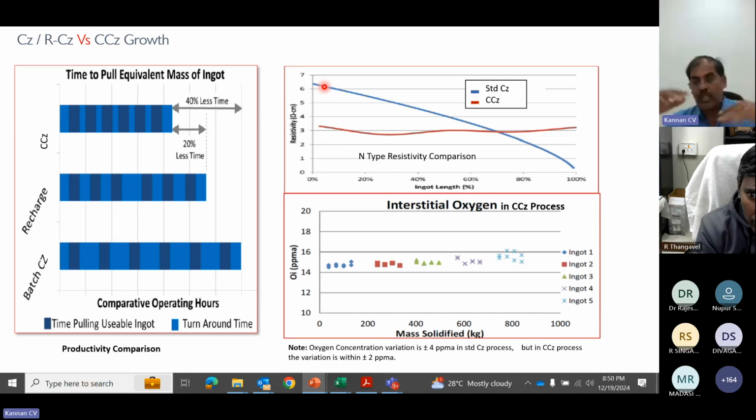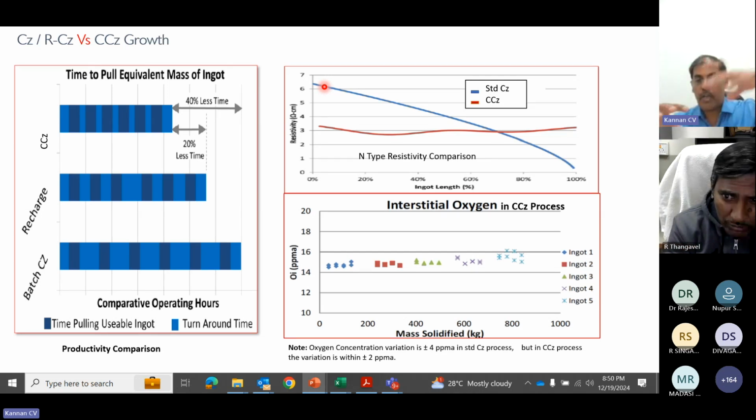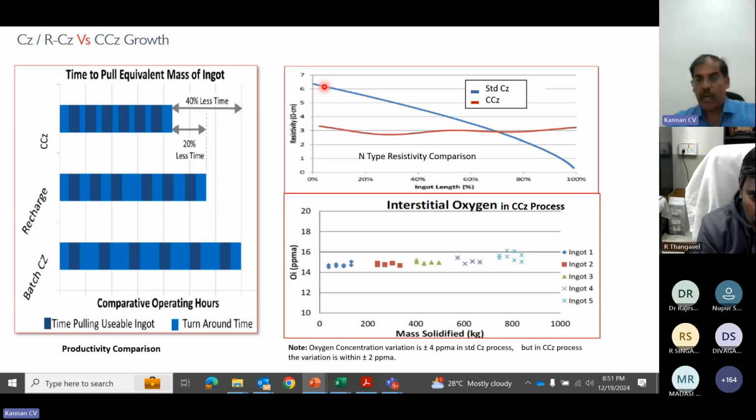By doing continuous feeding and growing, and also maintaining the volume, you can maintain the resistivity, because you know how much has grown and can add the dopant amount continuously, ensuring that the resistivity across the entire length is maintained. So when you convert these wafers in the next-level cell process, the overall conversion efficiency difference will be relatively lesser compared with the single crystal.